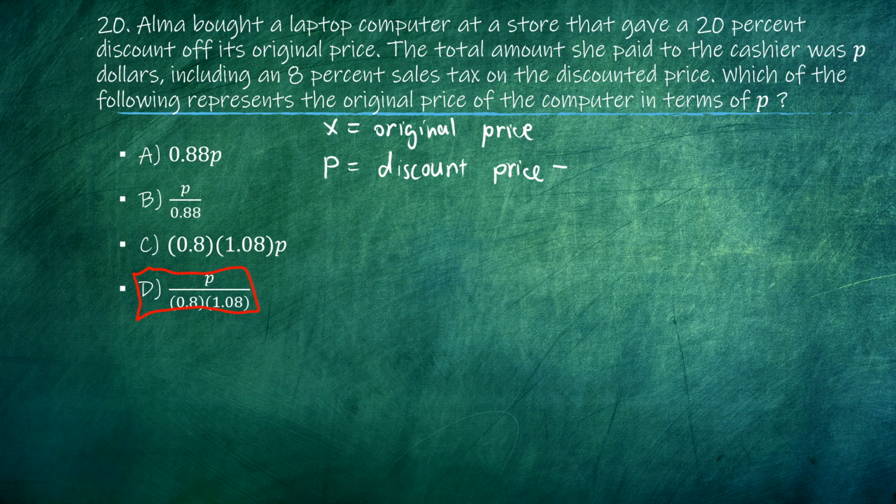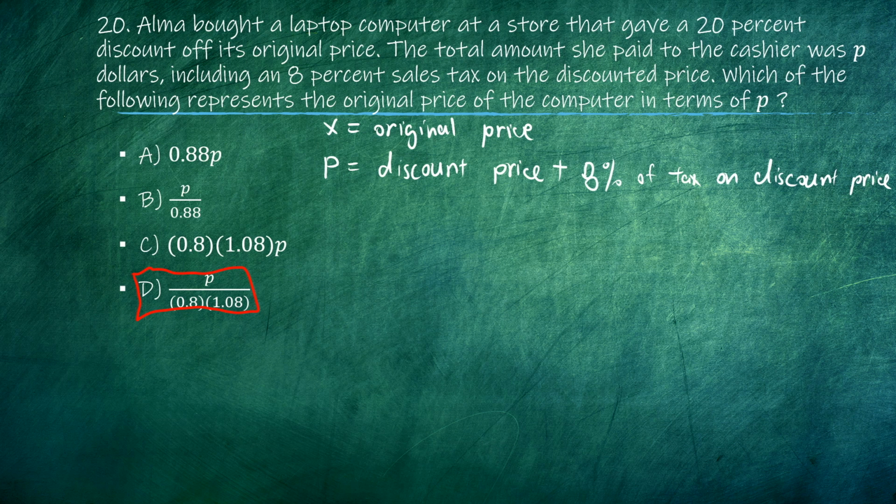So it's the discounted price plus 8% tax on the discounted price. So let's express each term in terms of x. Let's try the first one, the discounted price.